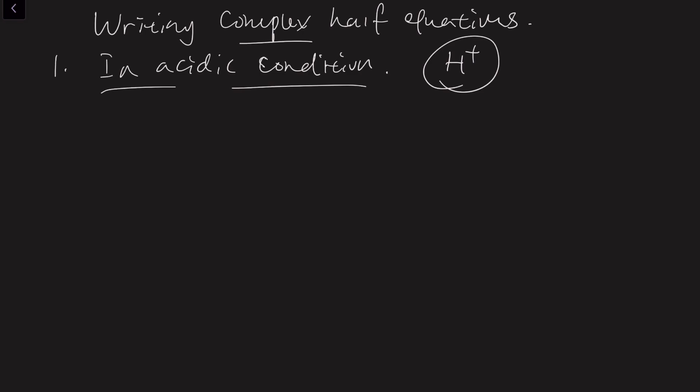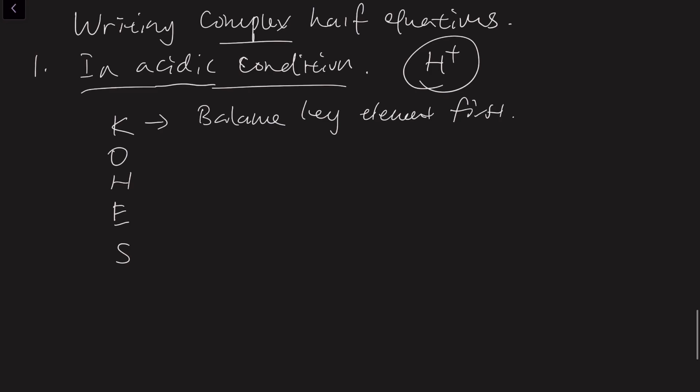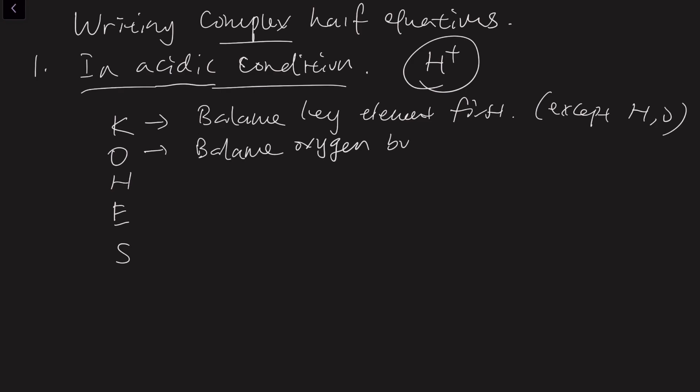So there's actually a rule that you must follow. It's called the KOHES rule. The K stands for you need to balance the key element first. So the key element is anything except hydrogen and oxygen. They are very special. Then you balance the oxygen by adding H2O.